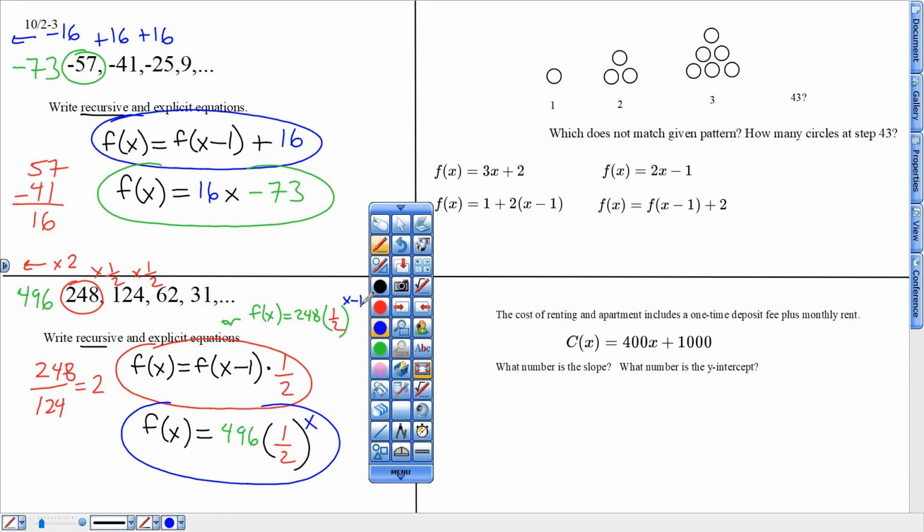All right, here we go. This one, starting off with 1, then I'm going to 3, and then looks like I'm going to 1, 2, 3, 4, 5. So it looks like for this one, I'm adding by 2, adding by 2, adding by 2. If I went to the zero term, I would be subtracting by 2 from this number right here, and that would give me negative 1 right there for my y-intercept.